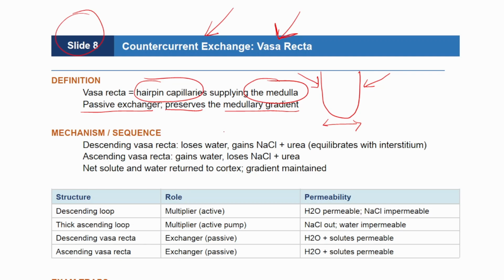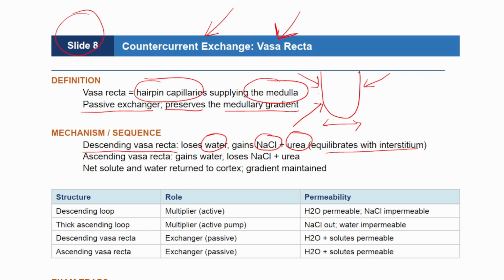To trace the mechanism and sequence of this exchange, we'll look first at the descending vasa recta. We mean this part. As blood flows down into the hypertonic medulla, the vessel loses water to the interstitium and simultaneously gains sodium chloride and urea, allowing the internal capillary fluid to equilibrate with the surrounding medullary tissue.